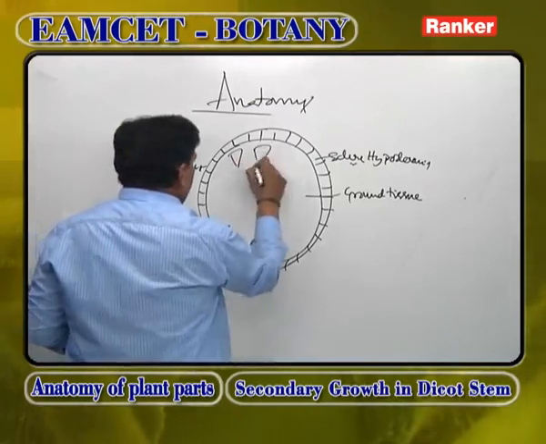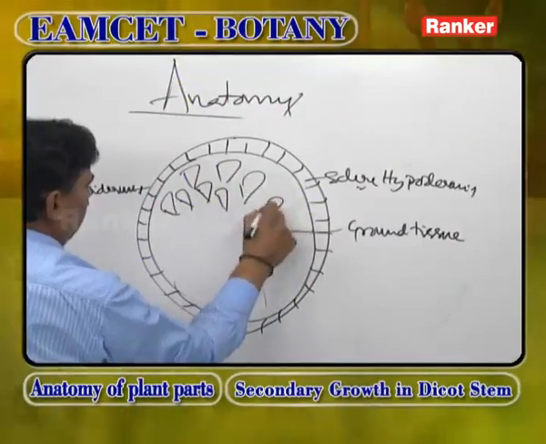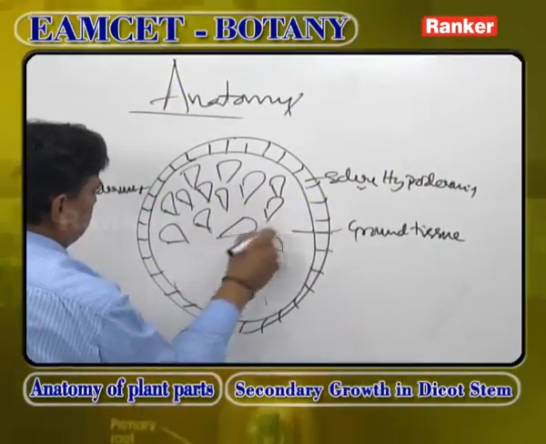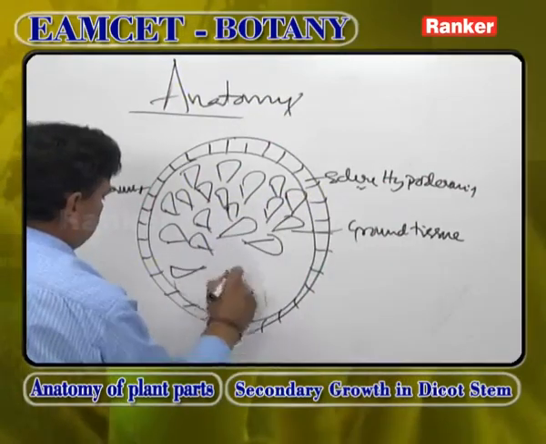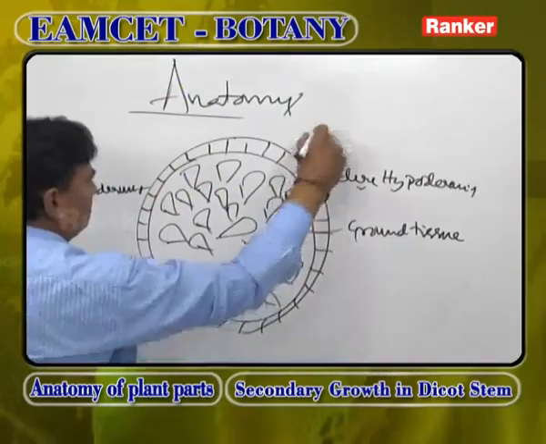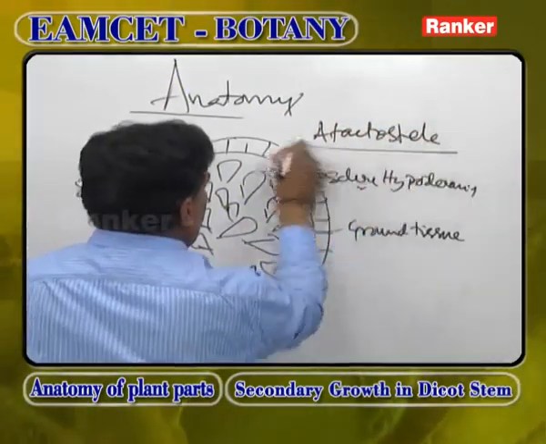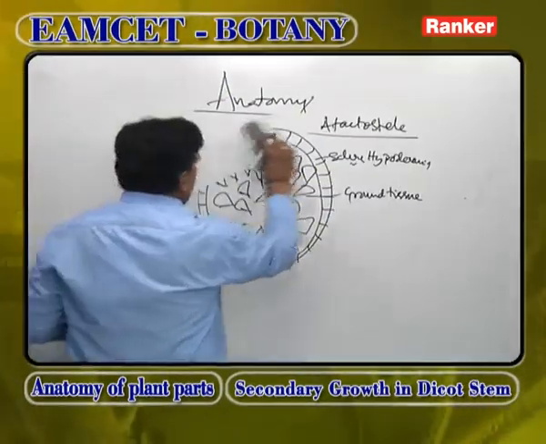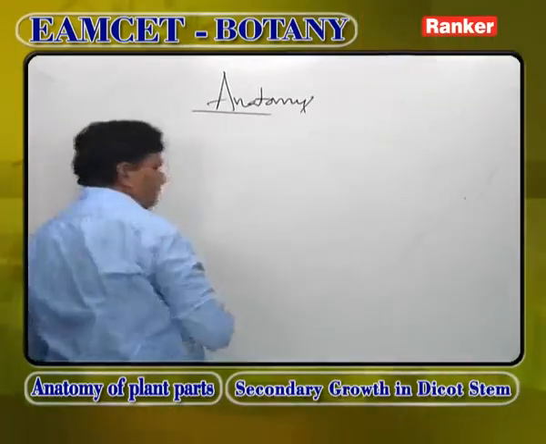In the ground tissue, numerous vascular bundles are irregularly scattered. The peripheral vascular bundles are large in size, and the central vascular bundles are small in size. Numerous scattered vascular bundles is popularly called atactostele, an advanced character in the monocot stem.